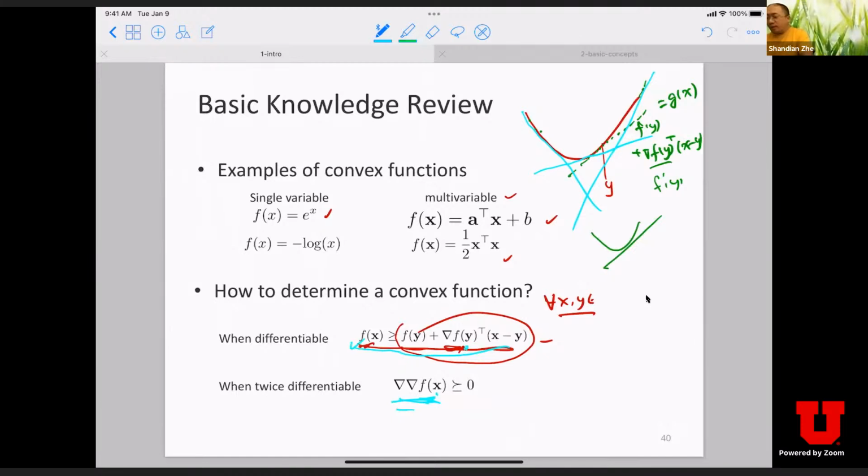We discussed in the last lecture that the right hand side here essentially is a tangent line, if you remember. This is a typical definition of a tangent line. f(y) is the intercept, because when x equals y, the function value is f(y).